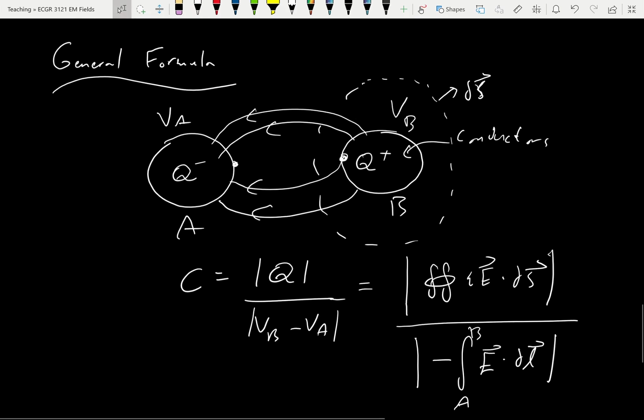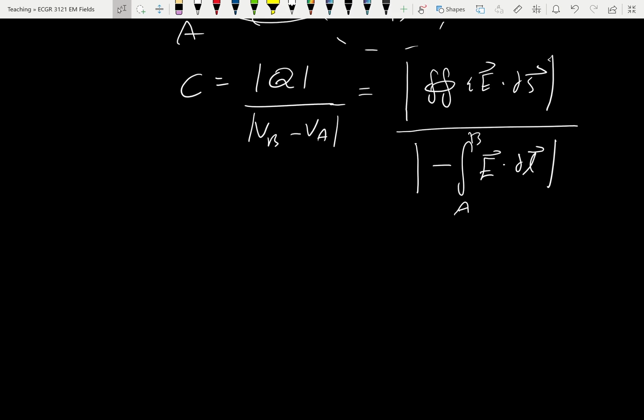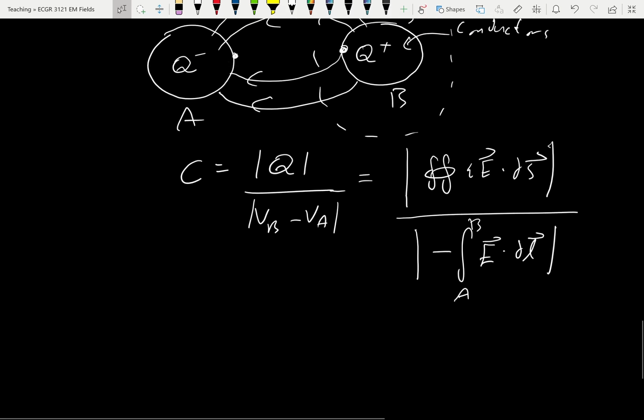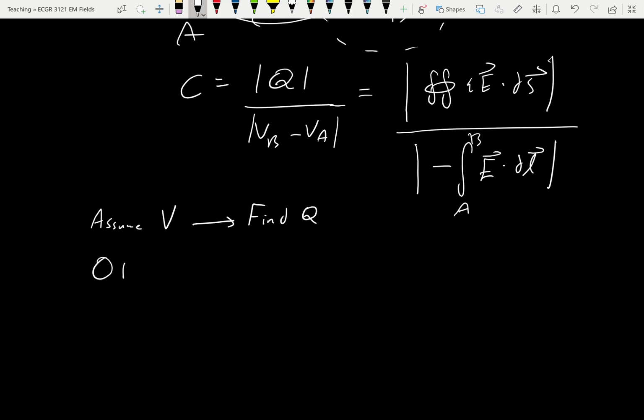Okay, so this is the general formula, and actually calculating capacitance is just a matter of figuring out the charge and the voltage. So the strategy for any extended object is to assume a voltage, and then find Q, and then do Q over V. Or we could assume Q, so assume a certain charge distribution, and then find V, and then find the ratio between them.